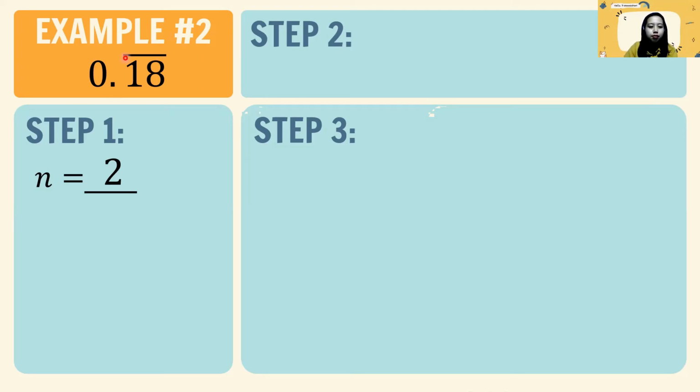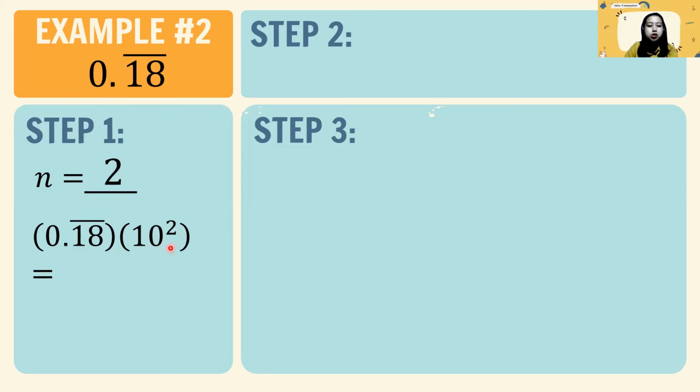And as you can see, the vinculum is over 1 and 8. So n will be 2. So the first step is to multiply the given decimal, which is here, by 10 raised to n. So we will have this equation, 0.18 times 10 raised to 2.